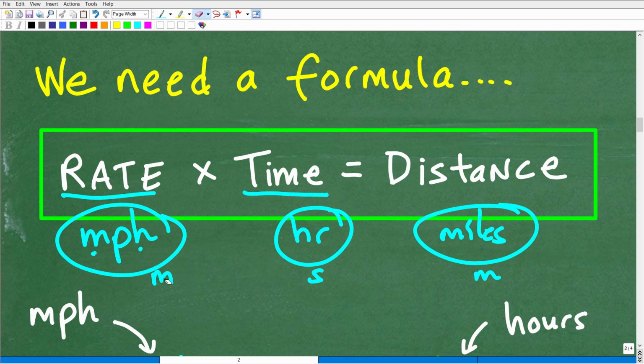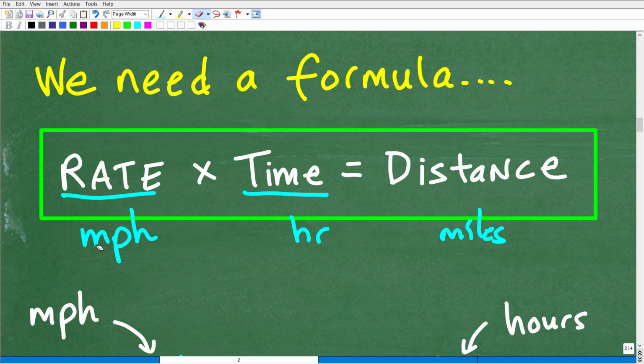So you have to be very mindful of the units of measure when you're using this formula and other formulas as well. Very, very important. This is the formula that you need to know. And if you didn't know this formula and you want to go ahead and continue to try to solve the problem on your own, I think that's great. But this is the formula that you need to understand and commit to your long-term memory.